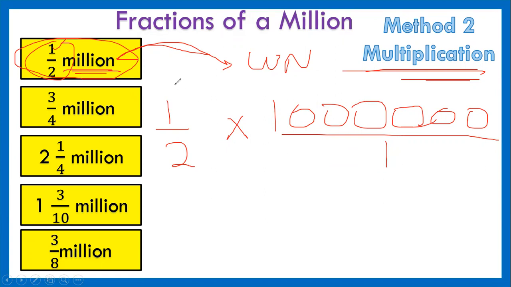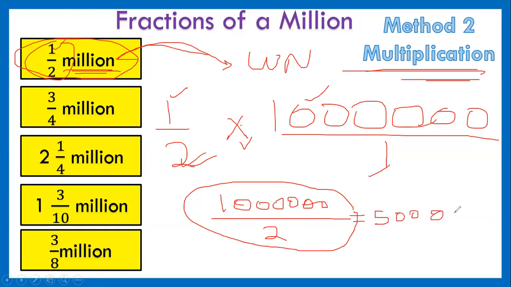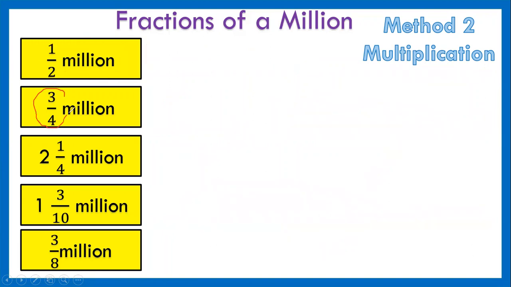When you learned the multiplication of fractions in standard 5, it's up times up over down times down. So 1 times 1 million is 1 million. 1 times 2 down times down is 2. So what is your answer for 1 million divided by 2? End of the day, you still have to come back to doing a long division, and that will give you 500,000.